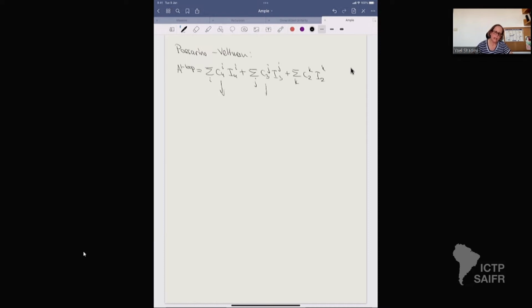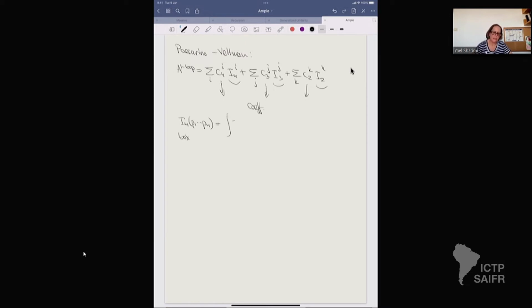These are certain coefficients. And these coefficients depend on the kinematics. And then these are loop integrals. So for example, I4 of P1 to P4 is a box integral.